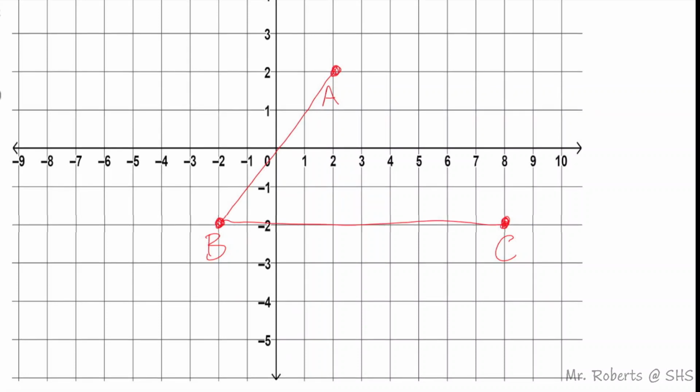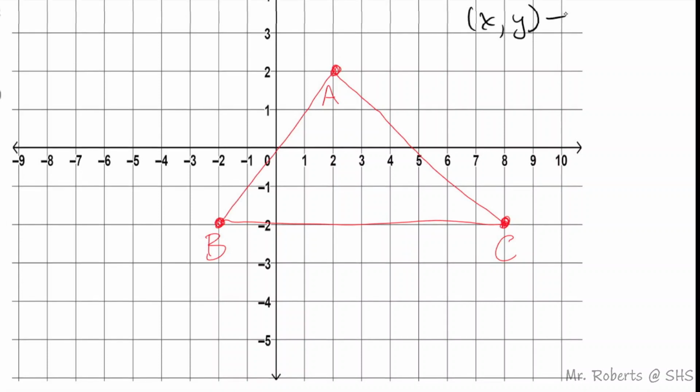And the rule says whatever the x, y is, it's going to become the opposite sign. So it's -1 times x, which I can just write as the opposite of x, and then -1 times y, so negative y.